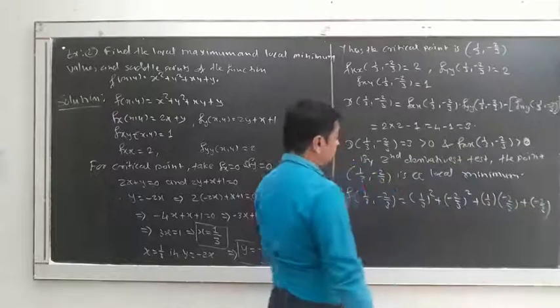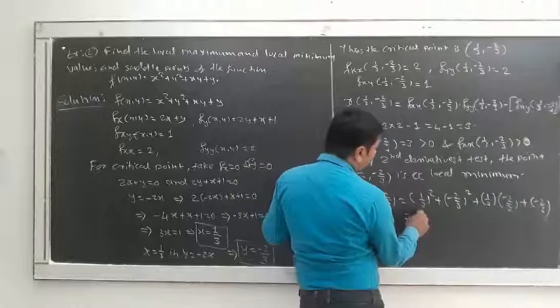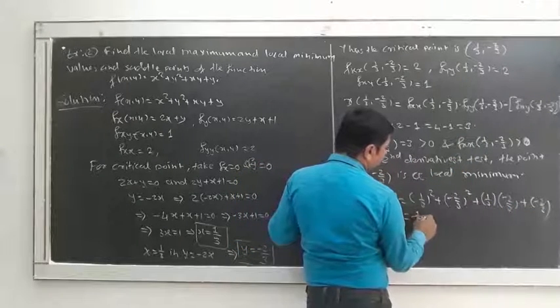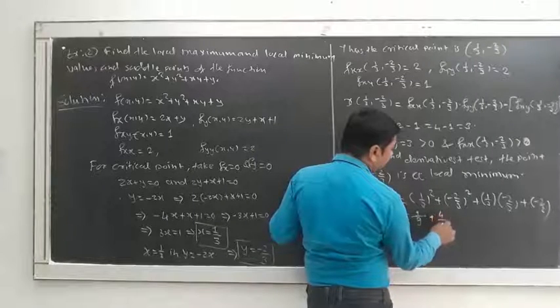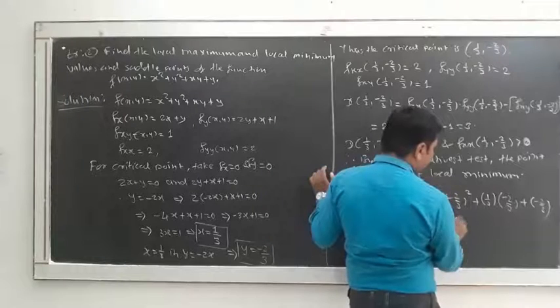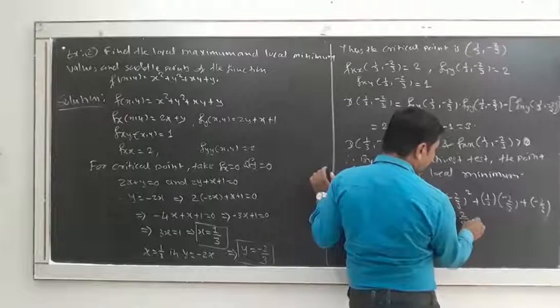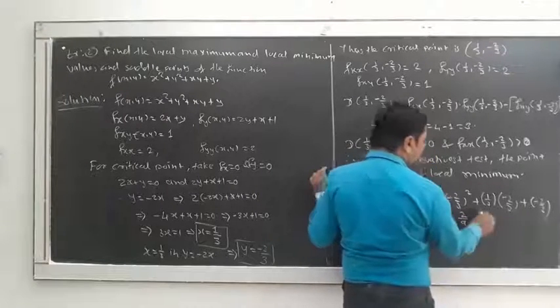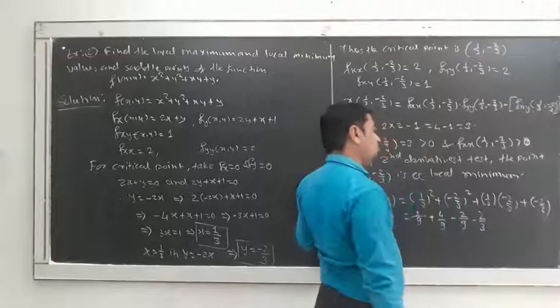So the value is 1 by 9 plus 4 by 9 minus 2 by 9 minus 2 by 3.